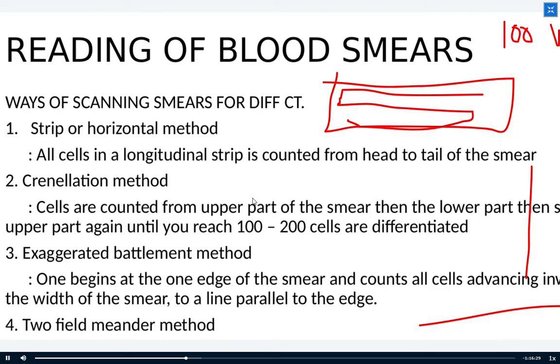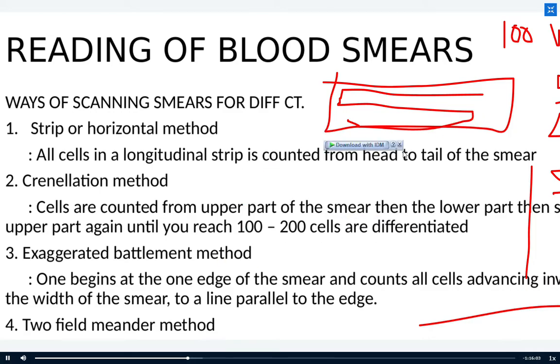So let's say nakabilang ka na ng 50 na neutro, 40 na limpo, 5 eyo, 1 beso, 4 na mono. You're going to stop your counting. So that's how you do your strip or horizontal method. So from the head to the tail on a horizontal pattern.